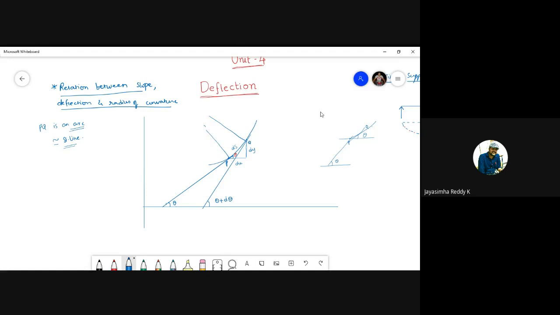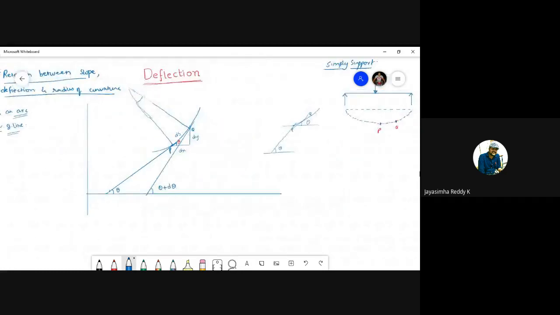If you extend this also, these two will meet. I just wanted to know what is the angle here. What will be the angle there? As of now, clear, right, students? So there is no complexity.